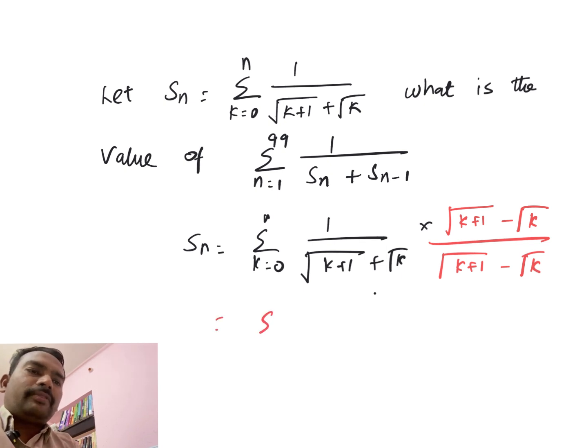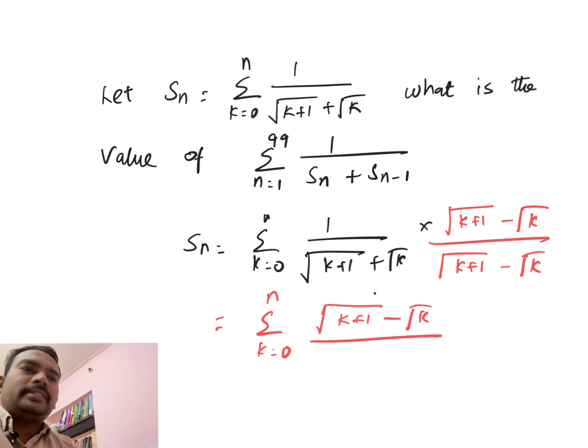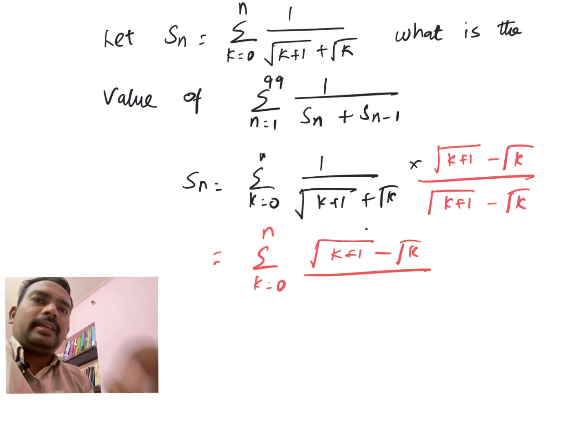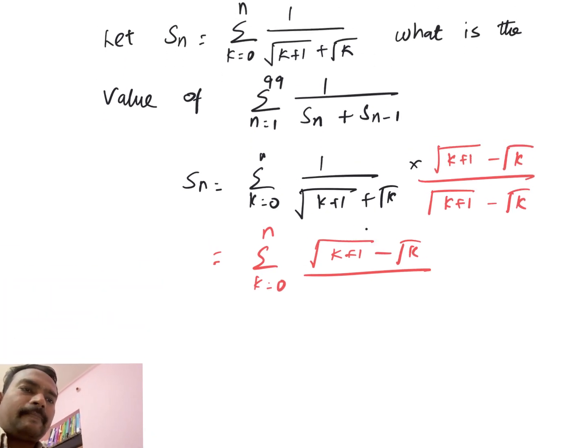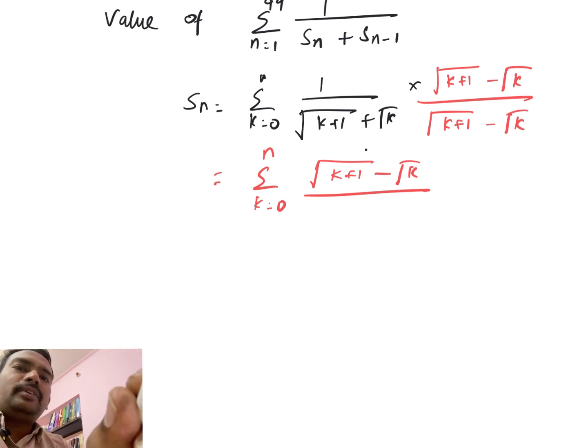So you have to simplify this. What will we get? Summation k equals 0 to n, the numerator is square root of k plus 1 minus square root of k. For the denominator, just use the a plus b into a minus b expression.